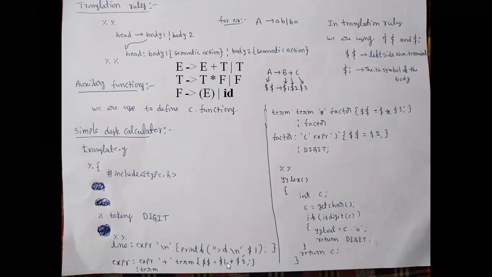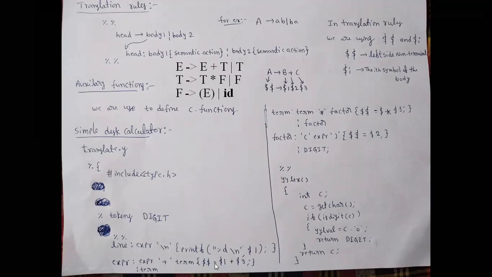So what is the semantic action? Here is the semantic action: head colon body, then the semantic action. We perform the action for expr colon expr plus term. Expr is the left side non-terminal attribute value. Then we specify dollar dollar equal to.